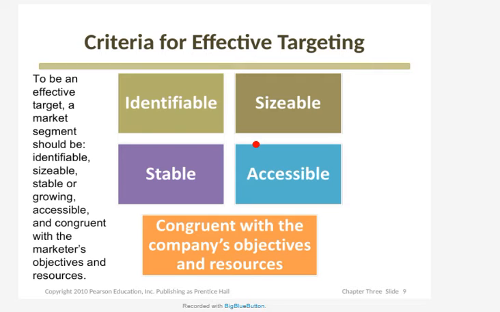Okay? So the segment should be identifiable. What does identifiable mean? It means I can see or find the characteristics of the chosen segment. The organization must be able to see and define the characteristics of the chosen segmentation.